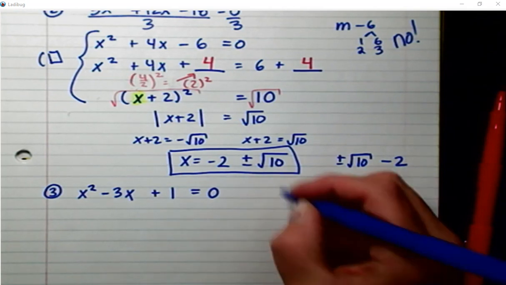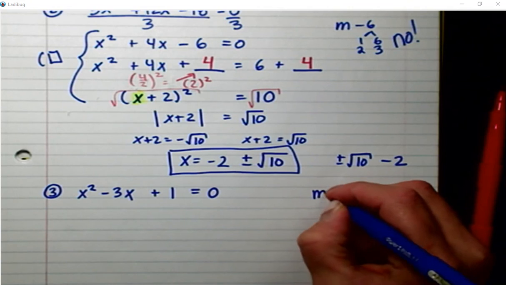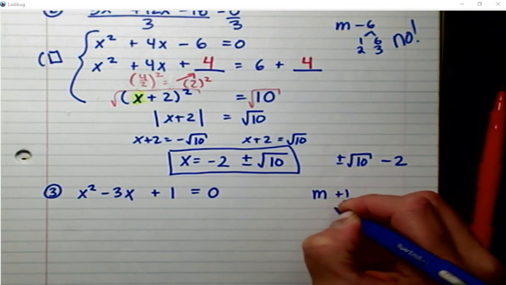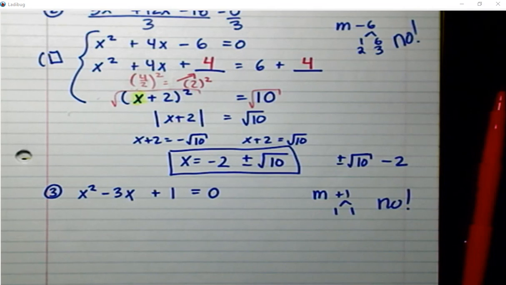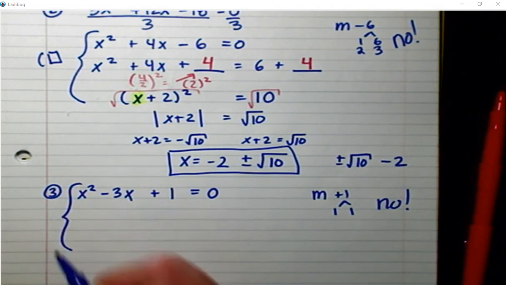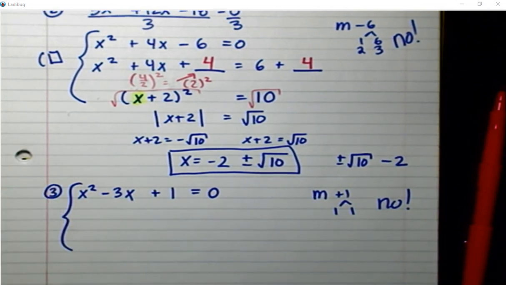Multiply to 1? No. Right? I can't isolate. I can't factor. That means I have to complete the square. So I'm going to complete the square before I start solving again.